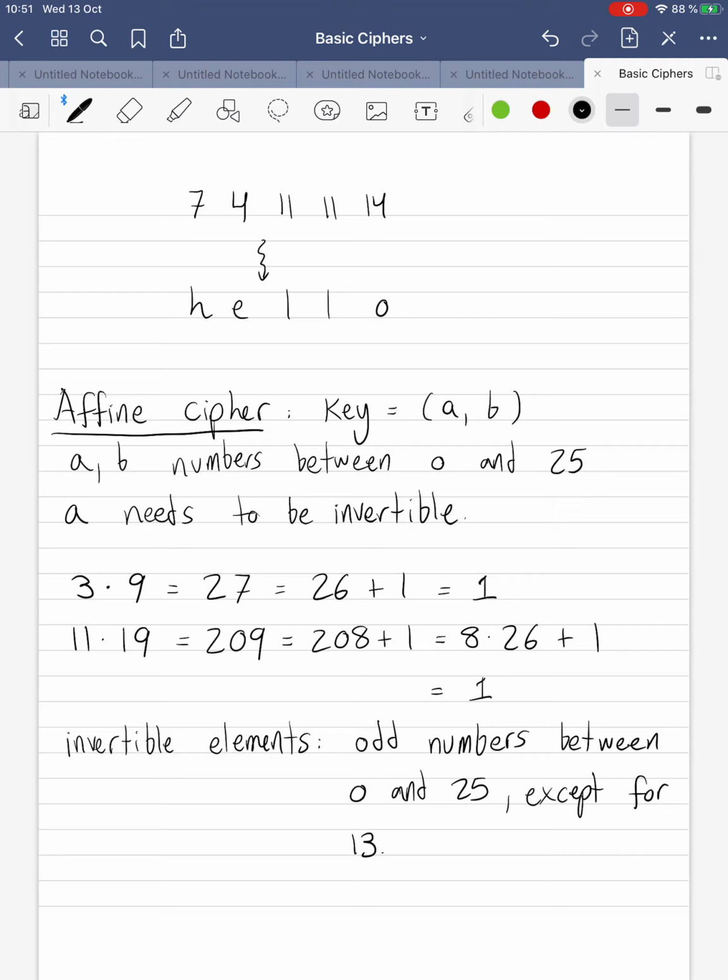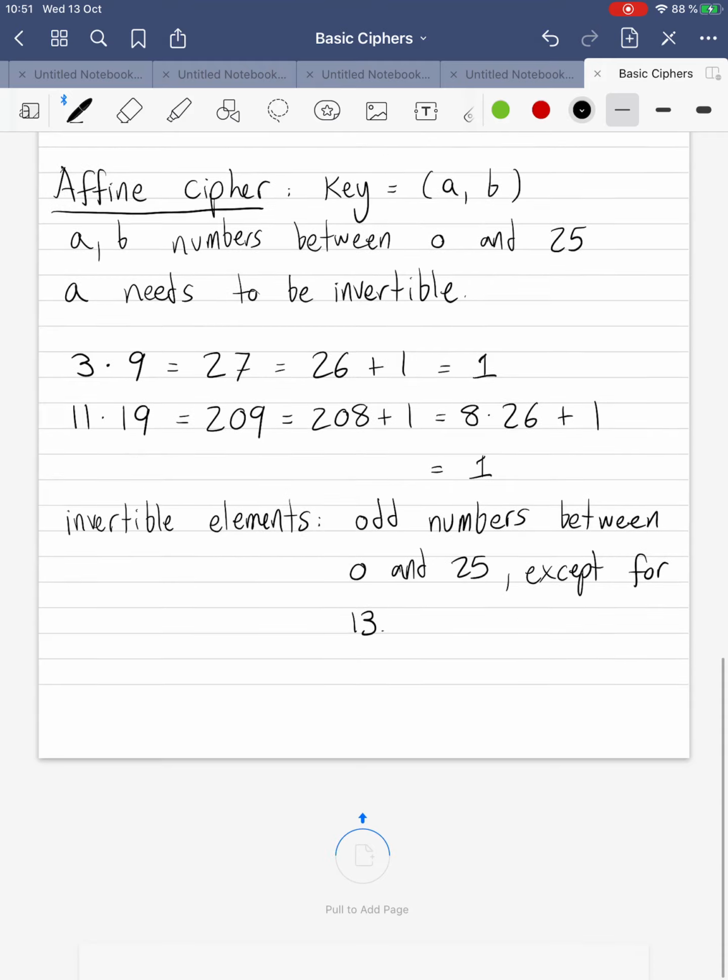But you can prove that all the other odd numbers are invertible. It's because for all the odd numbers except 13, their greatest common divisor with 26 is 1. The greatest common divisor between 13 and 26 is 13. But I don't need to get into that right now.